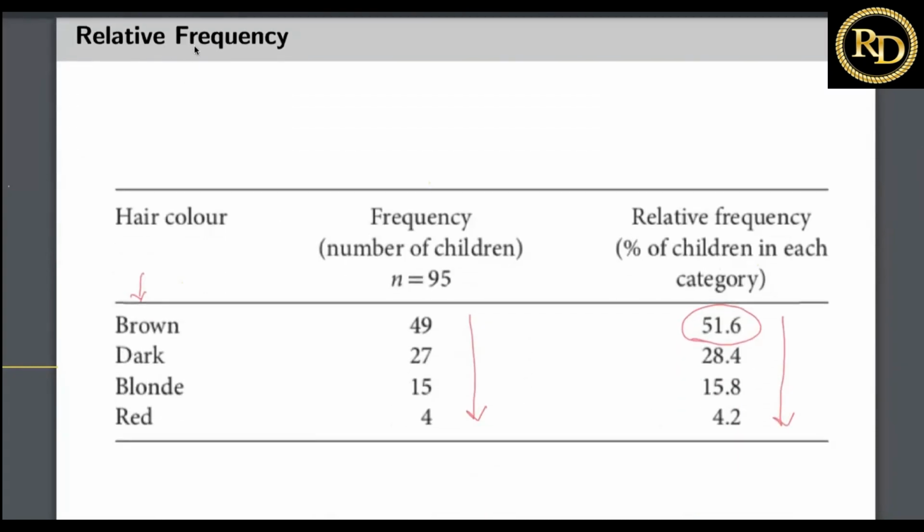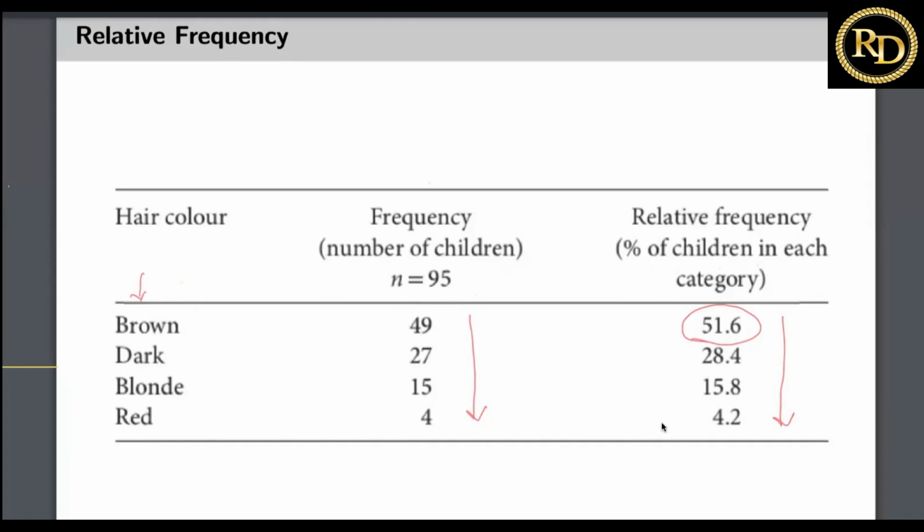For better understanding, you can convert these numbers into percentages. You can see the hair color with which the babies are born: brown, dark, blonde, and red. These are categorical variables, and this is the total number of babies born in the hospital in a month. Now you have converted this number into percentages.